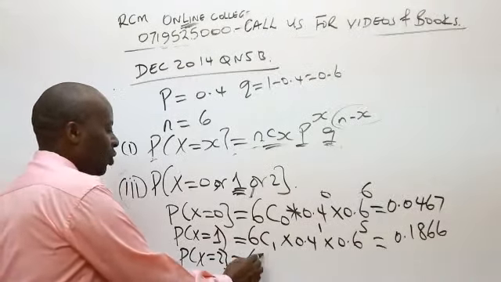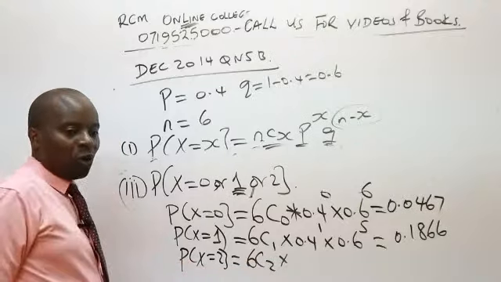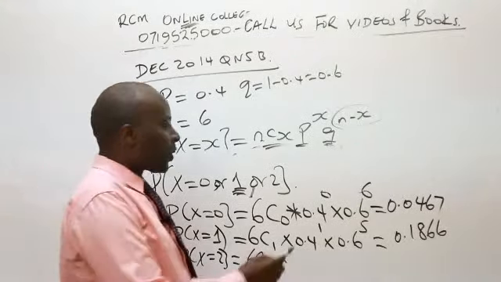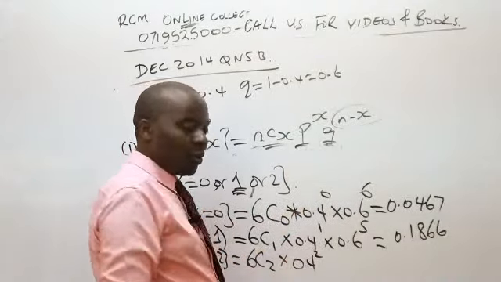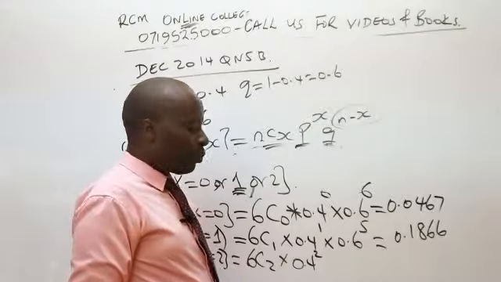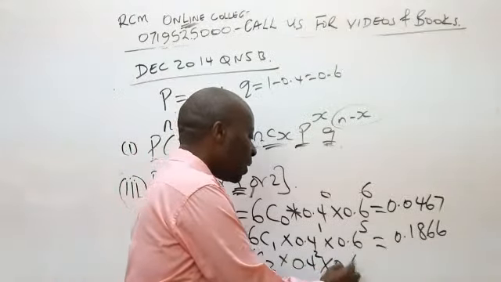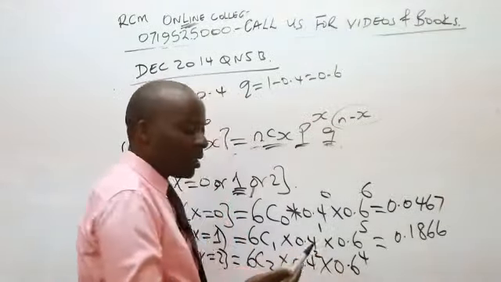So this will be 6 combinations 2. I hope you are able to follow. We have probability of success, which is 0.4 raised to power 2. 0.6 this time will be raised to power 4, given the concept of balancing.